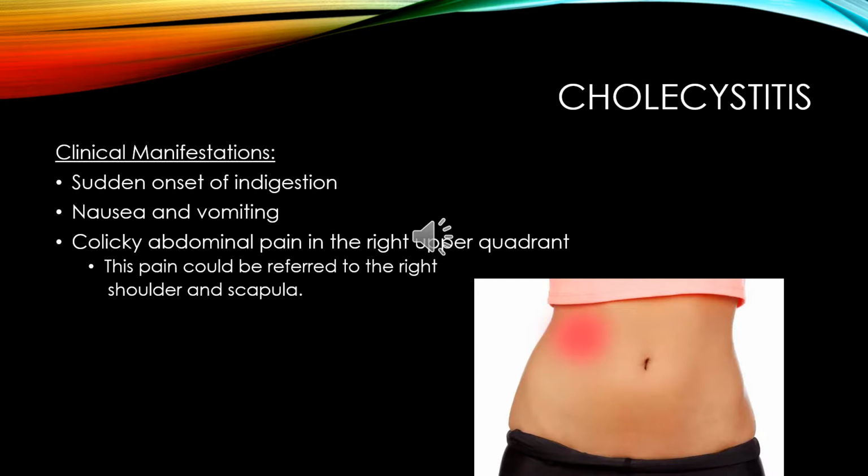You also may have a colicky, sharp abdominal pain in the right upper quadrant, and it can also travel to the right shoulder and scapula, which is also like when you have a cardiac issue, and it presents in that same way. So a lot of cholecystitis patients do think that they might be having some kind of heart issues.